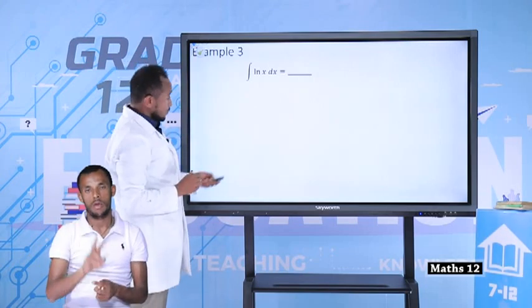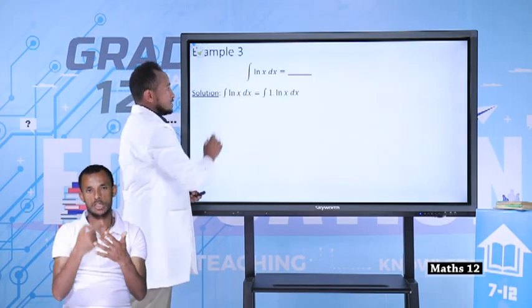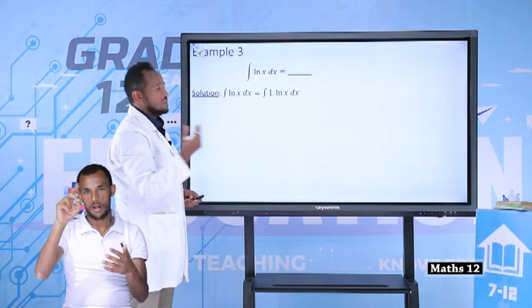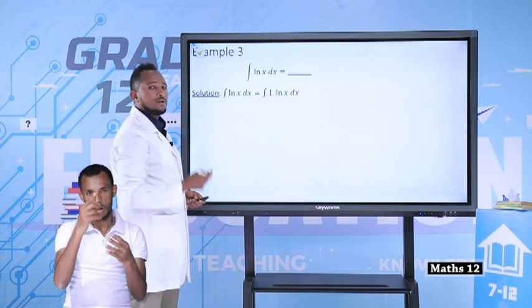The integral of ln x dx is a product of functions; you can just put 1 here. It is 1 times ln x dx.